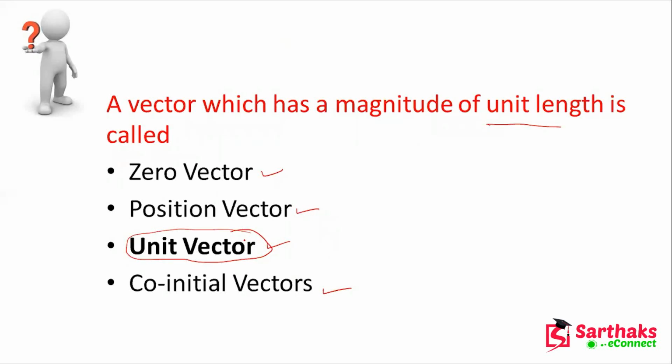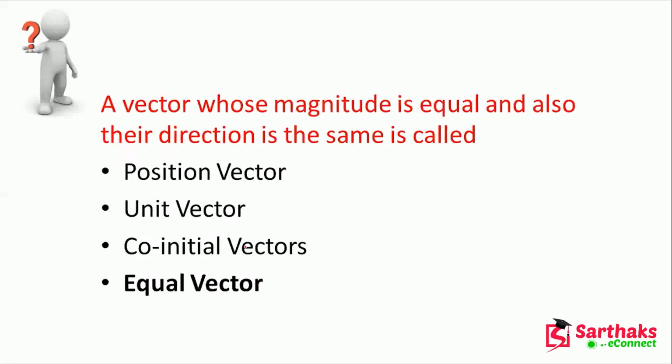A vector which has a magnitude of unit length is called a unit vector. Next question: vectors whose magnitude is equal and direction is also the same are called equal vectors, as we studied in the definition of equal vectors.